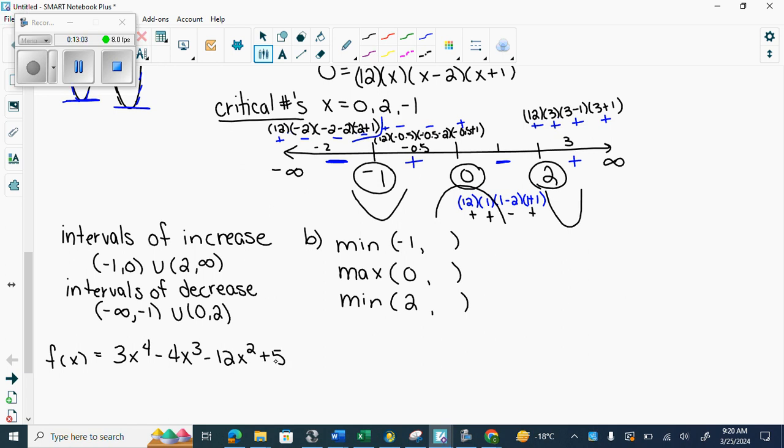Okay. So we're going to go f of -1 equals 3 times -1 to the 4 minus 4 times -1 to the 3 minus 12 times -1 squared plus 5. And what do we get for this one? 0. You get a 0? I think so.